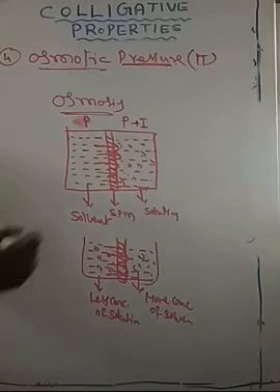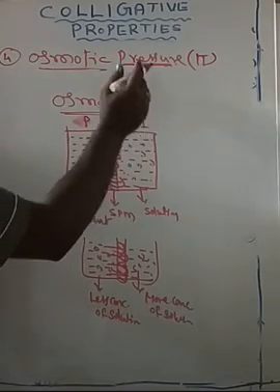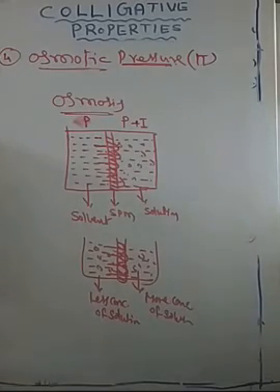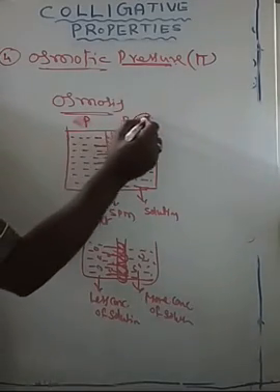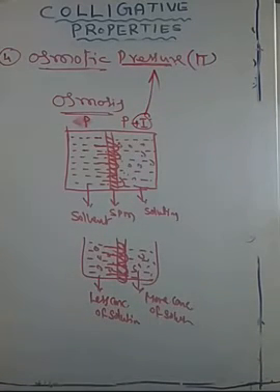When you apply more than the solvent pressure, this pressure restricts the flow of solvent molecules into the solution. So this extra applied pressure is called osmotic pressure. Therefore, osmotic pressure is defined as the pressure required to stop the flow of solvent molecules into the solution through a semi-permeable membrane.